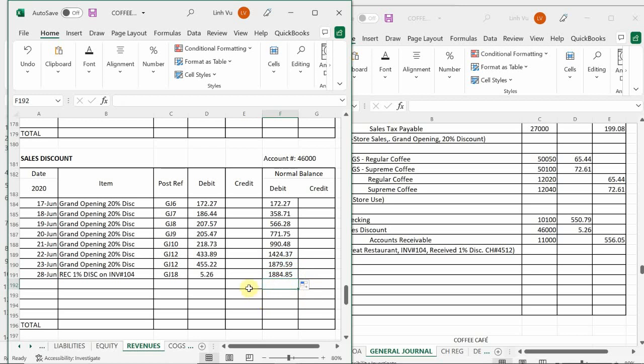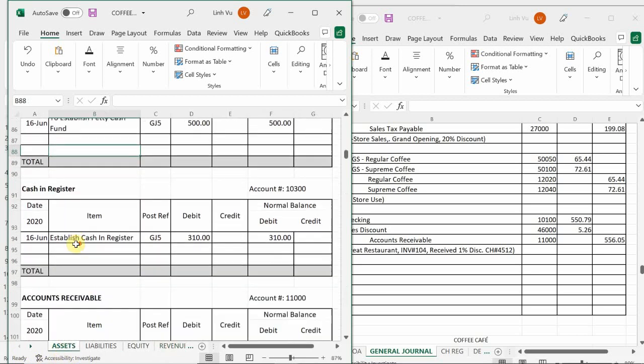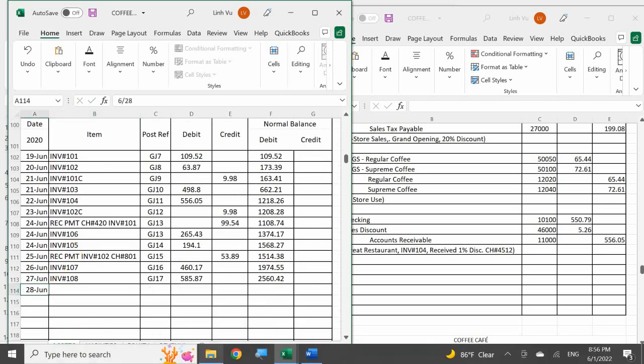Okay? And last but not least, we need to actually decrease our accounts receivable, okay, because we have a payment for the 28th. So again, receive payment, invoice number 104, check number 4512.